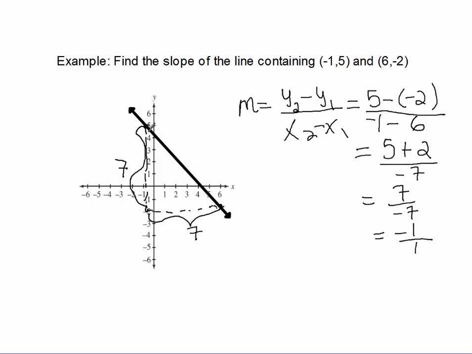But you have to be careful, because notice your line is decreasing, or going downward, as you go from left to right, and that's why you end up with this negative. So it's sometimes better to use the coordinates to find the slope rather than just the picture. If you do use the picture, remember that if your line is dropping, the slope should be negative.